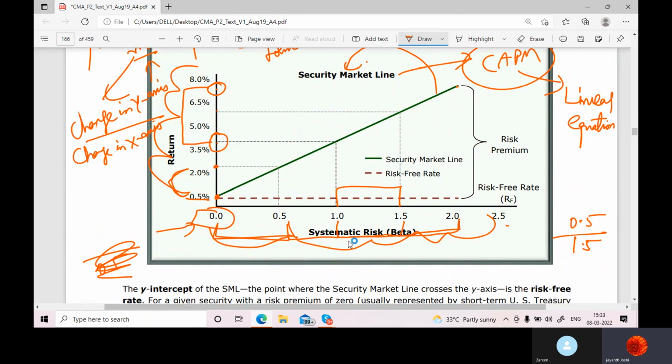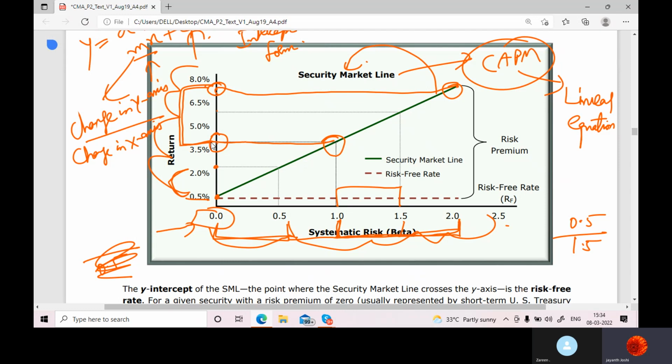The change in y axis is between 7.5 and 4, and the change in x axis is between 2 and 1.